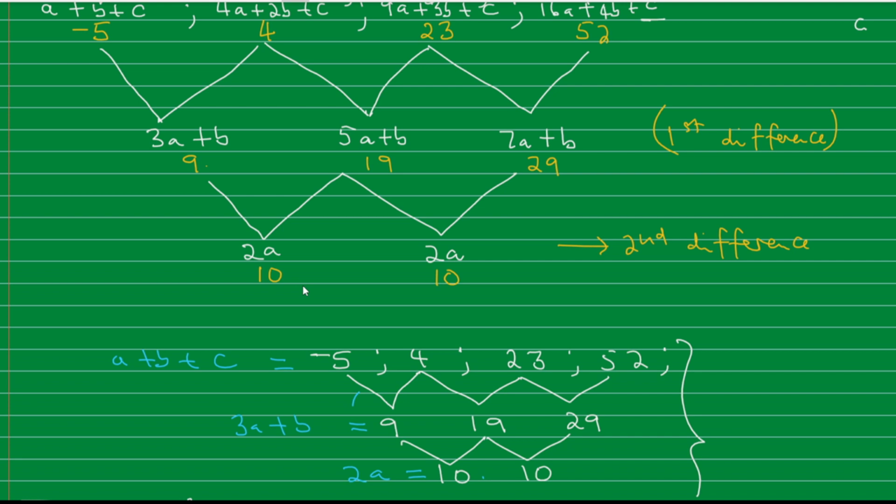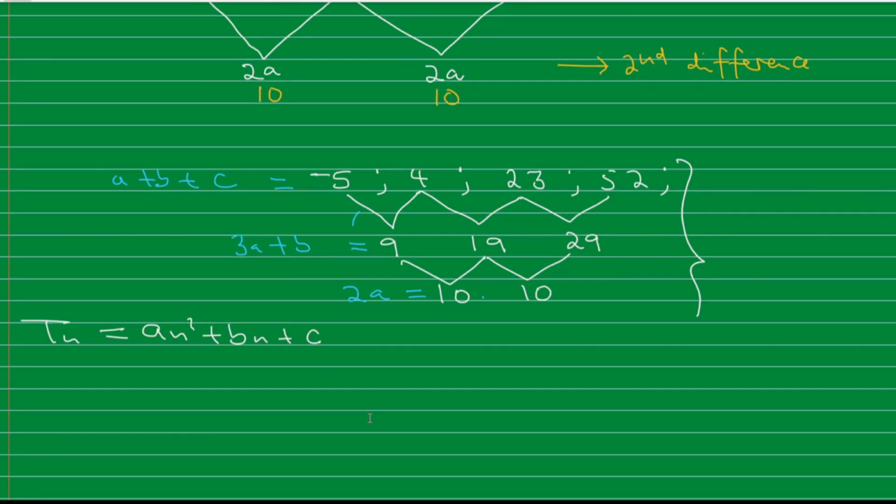Okay. So now these terms that we have written here, A plus B plus C is equal to that, and 3A plus B, are what we use to solve. So we are going to work simultaneously from the bottom upward. We want to find our A, so where do we go now?